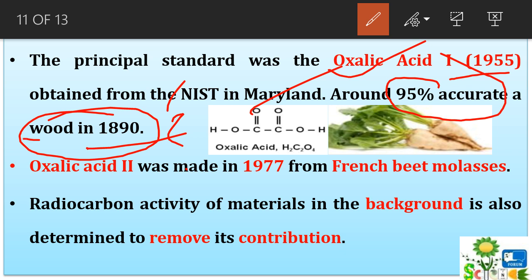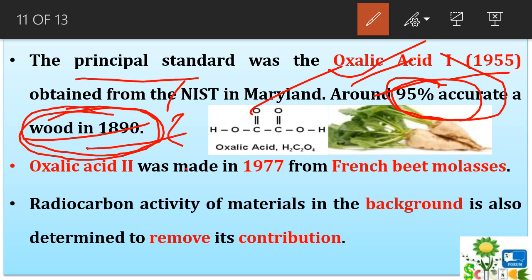This wood obtained from 1890 remained unaffected by fossil fuels. It doesn't show any distortion by the current atmospheric concentration. That's why oxalic acid, which shows 95% accuracy with respect to the radioactivity of carbon-14, is considered the principal standard.